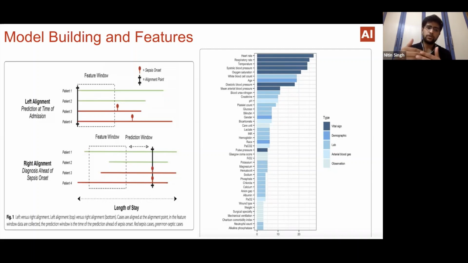Or maybe you even try to make it dynamic. Suppose I enter the hospital and just after 6 hours you run a model on me based on all my recent vitals, recent labs, and these factors, and try to understand whether there is a sepsis or not. That is one way of doing it.